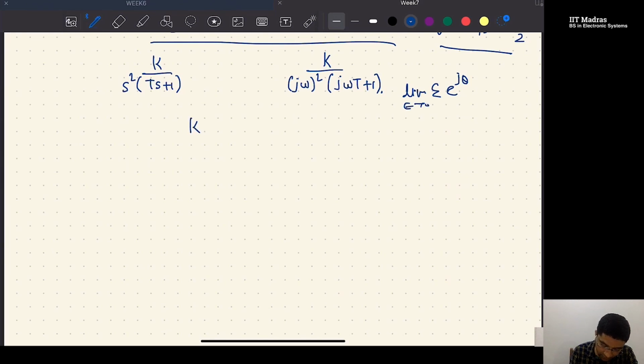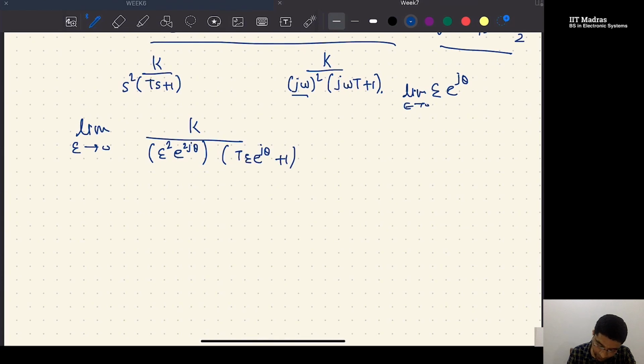So the limit of epsilon going to 0 of k over epsilon squared e^(2j theta) times (T epsilon e^(j theta) plus 1), which is still epsilon, so k over epsilon squared e^(minus 2j theta).